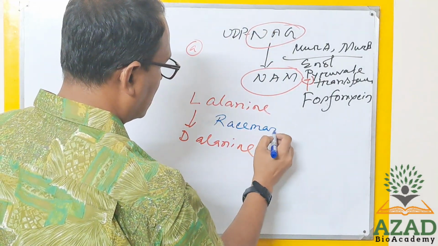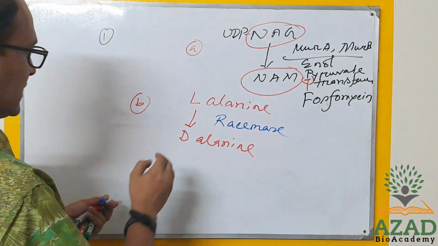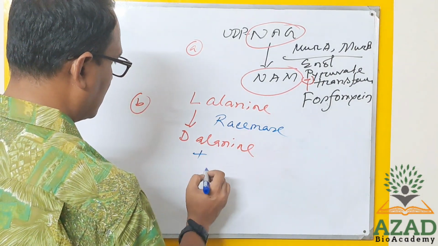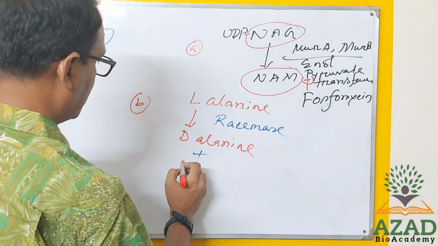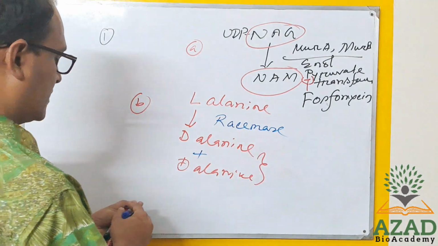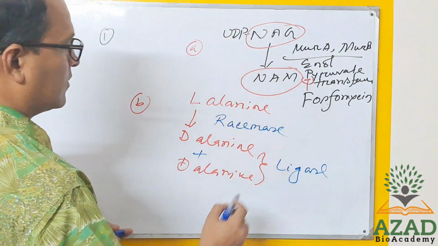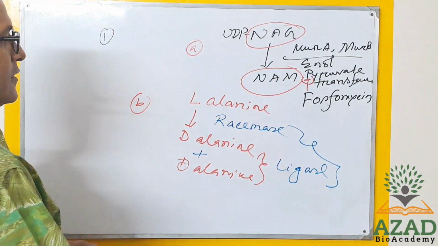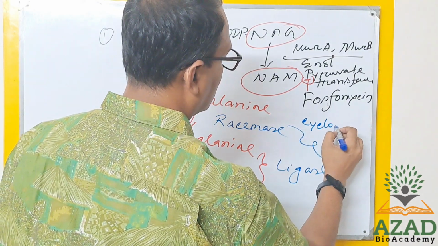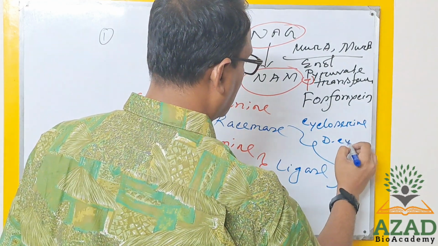Then D-alanine will be attached with another D-alanine, that is D-alanine to D-alanine, by the help of the enzyme ligase. Both enzymes will be inhibited by cycloserine, you can say D-cycloserine.